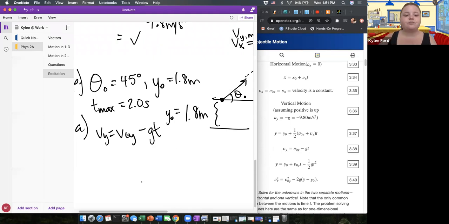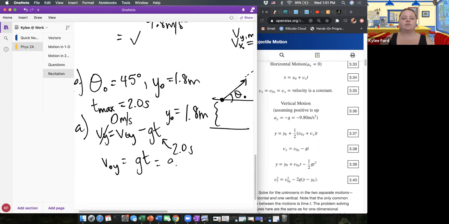And Vy is 0, because we're looking at our maximum. Our T we have here as 2.0, and we know our G. So I can find my V naught Y equals G times T, so 9.8 meters per second squared times 2.